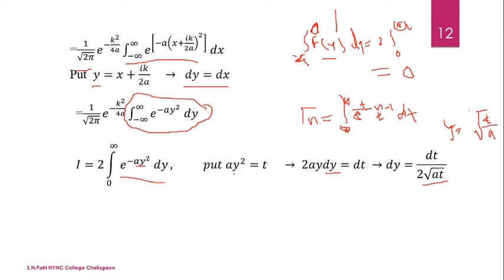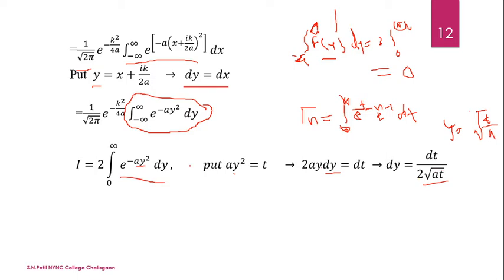When we put t upon a, and a is already present, we get only root a and root t. So the simplified term is 2 times under root at.